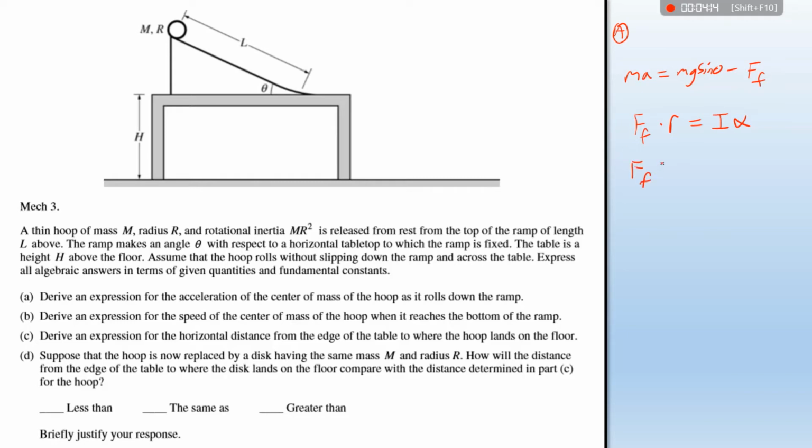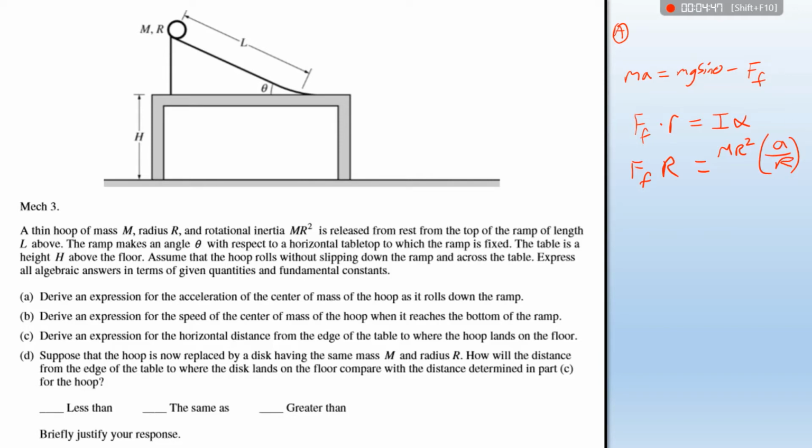So this is force of friction, our radius is R. Capital R was given to us, so I'm going to substitute that in. Equals our moment of inertia, capital M R squared, times angular acceleration. What's my angular acceleration? A over R. Okay, so we can substitute for that.